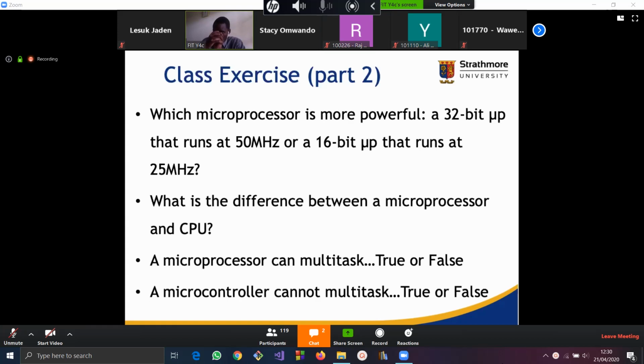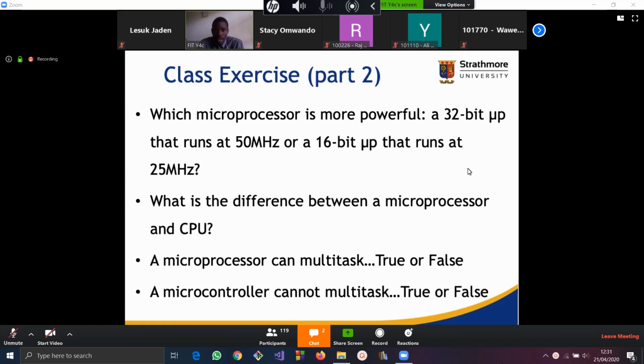It also has a higher clock speed, which means more clock cycles per second, so more instructions are processed per second, which makes it more powerful. Okay, I don't need to add anything to what Stacy has explained. I hope it's clear and making sense to everyone.